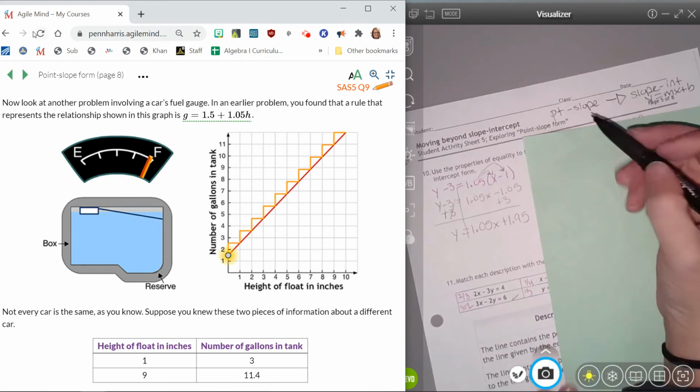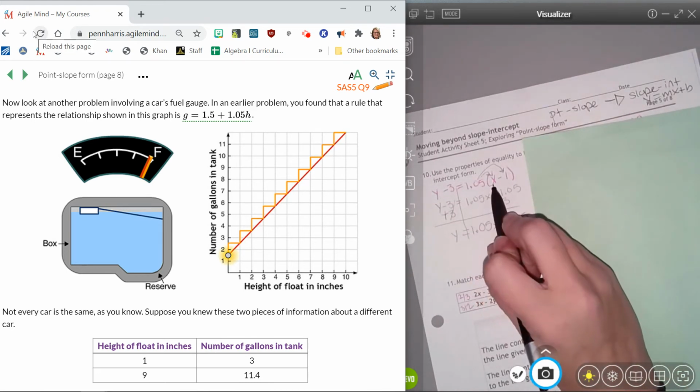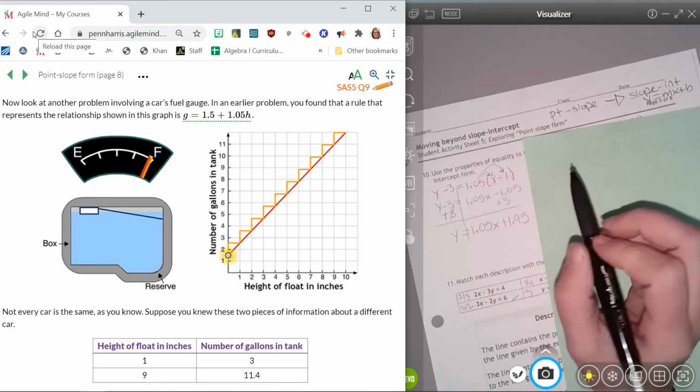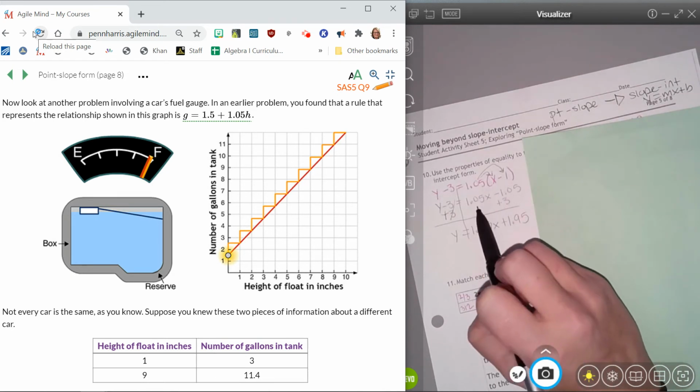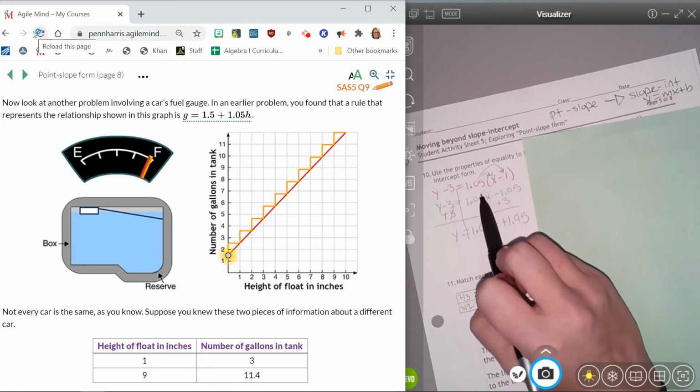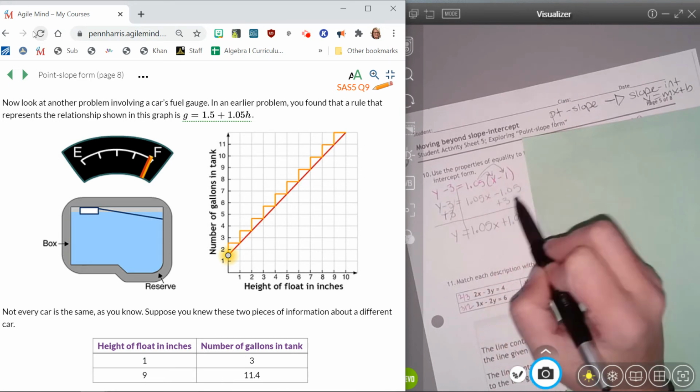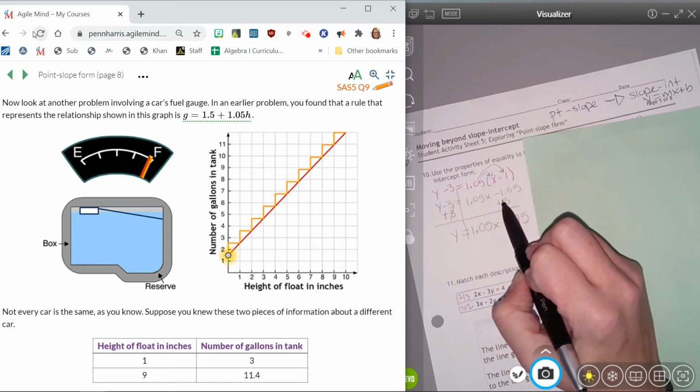Okay, so the first thing I did was I distributed 1.05 into the parentheses. Use a calculator, guys. So 1.05 times x is 1.05x. 1.05 times negative 1 is negative 1.05.